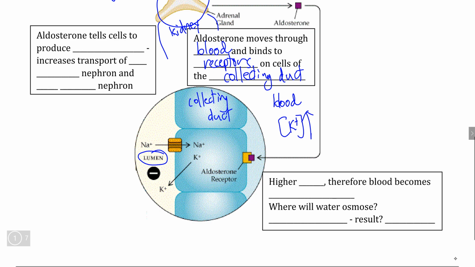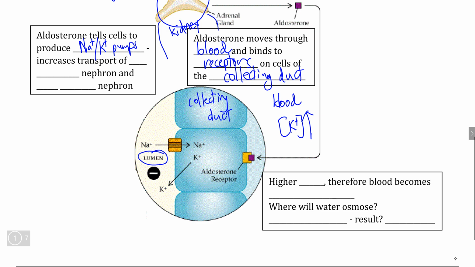Now, aldosterone regulates the movement of sodium from the collecting duct into the blood, and one way that this is possible is that aldosterone actually triggers cells within the collecting duct to produce sodium-potassium pump proteins, and therefore increasing the ability to transport potassium out of the blood and sodium out of the collecting duct.